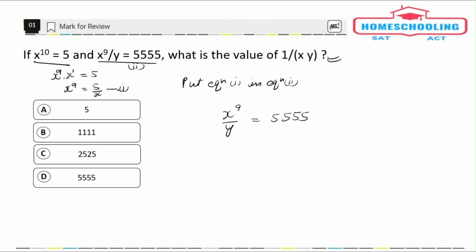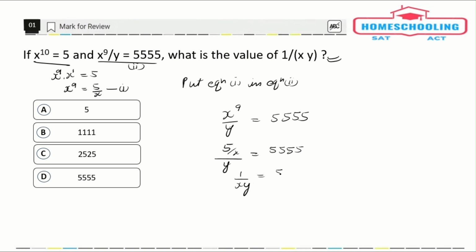So we have to put equation 1: x to the power 9 is equal to 5 by x. So 5 divided by x, divided by y, is equal to 5555. We can write this as 1 by xy, because x will go down, and we cross multiply on that side.